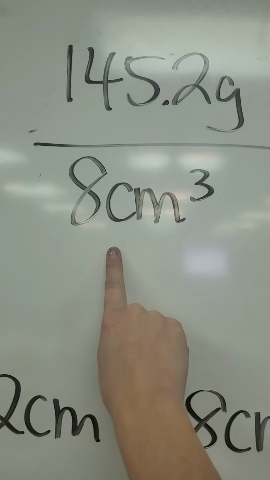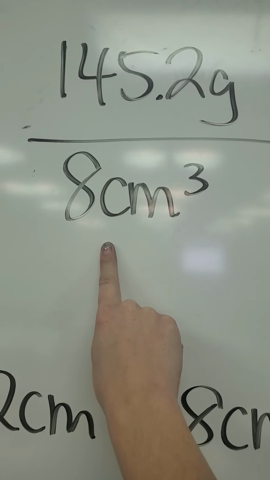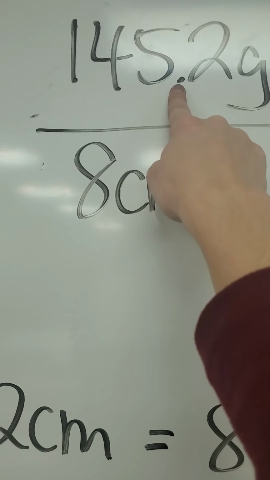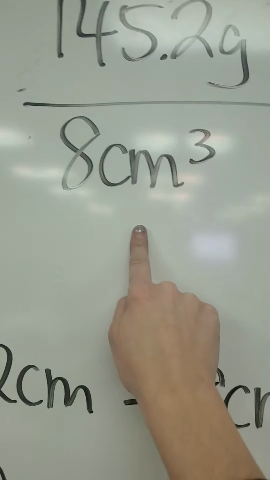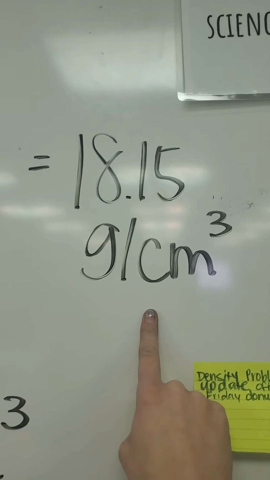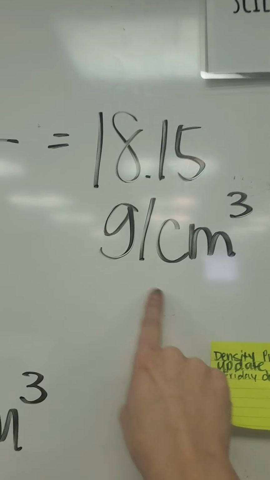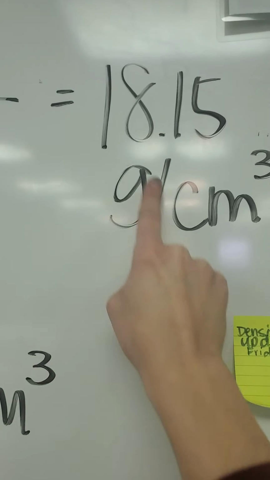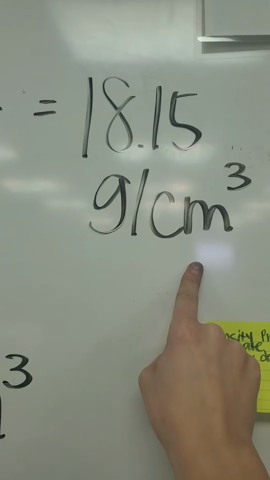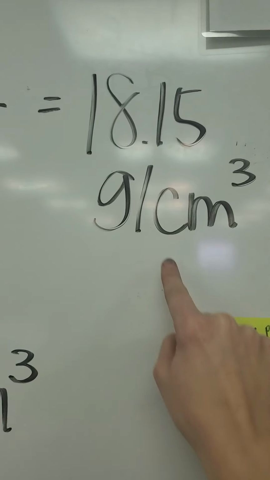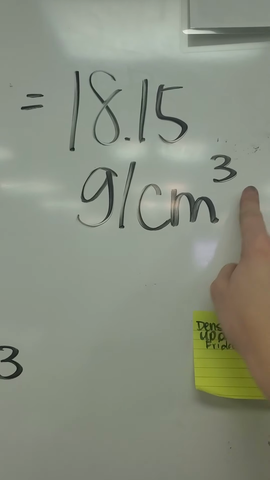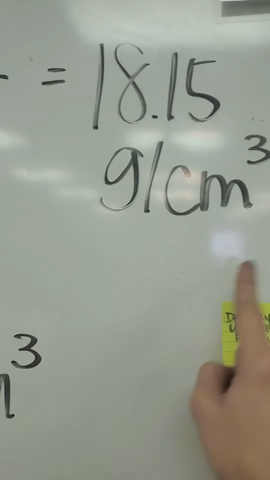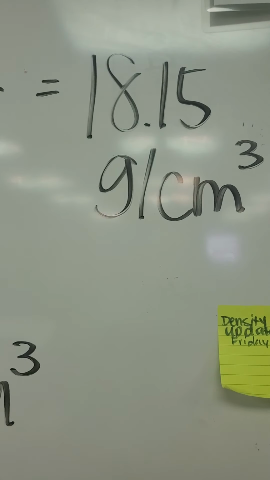Now we're just going to plug in, or do a little division in our head. 145.2 divided by 8 is going to give me about 18. Keep an eye on your units for density. You're going to take your mass unit, which is grams, and divide it by your unit for volume, which in this case was centimeters cubed, and that is your entire unit for density.